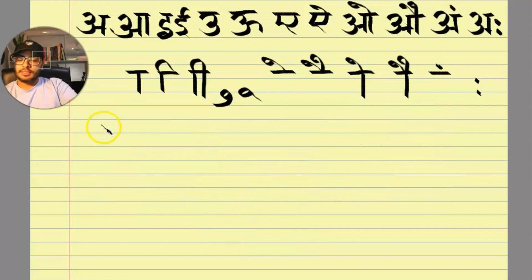Now the next sound is also a shaw sound, but how we pronounce it is you bring your tongue a little bit down, right? So it's something like shaw. Okay, and the way we write it is like this, similar to paw, but then we have a diagonal like this.